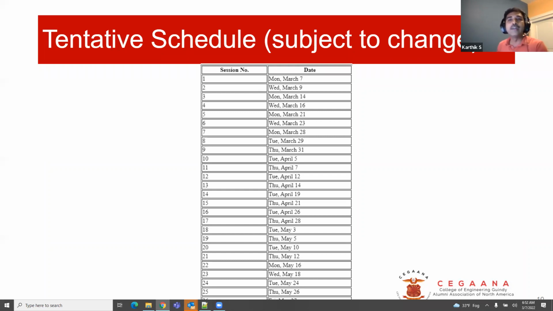So we expect that these dates and timings are subject to change. But whenever they change, we will inform the students ahead of time so that you're not surprised. So this is a tentative schedule starting this week in March, going all the way to the end of May. You can see this also on the website, and this is more an indication at this point.